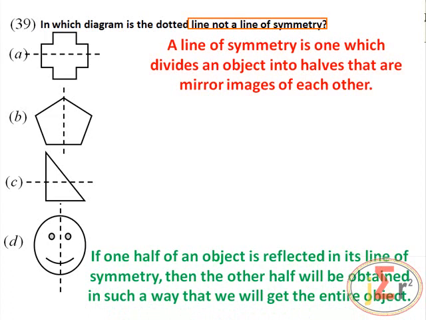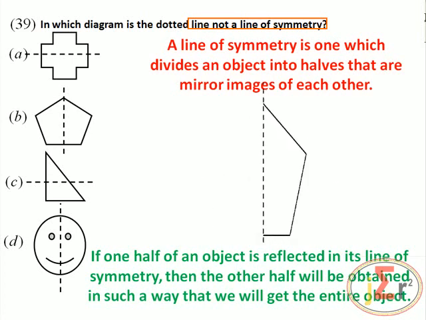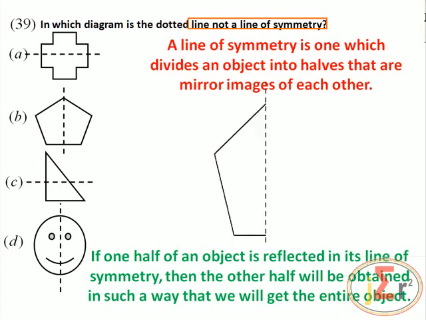If one half of an object is reflected in its line of symmetry, then the other half will be obtained in such a way that we will get the entire object. So if we take just one half, that is one half of the object.